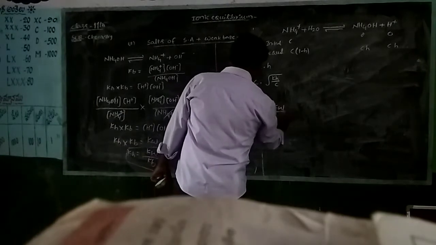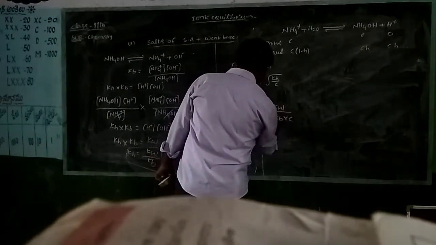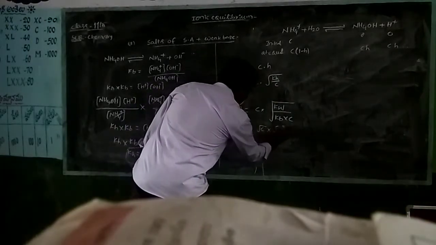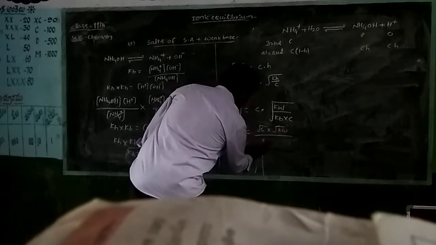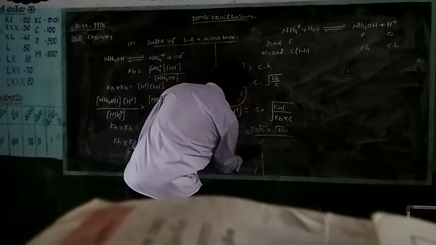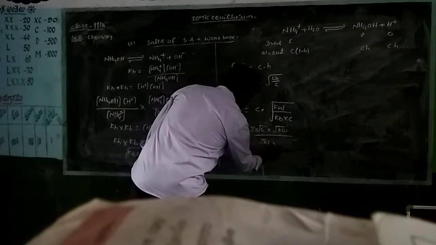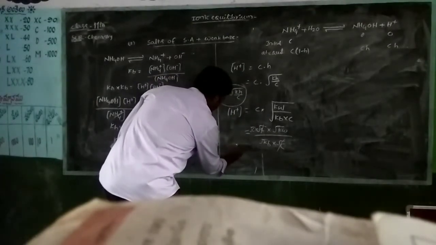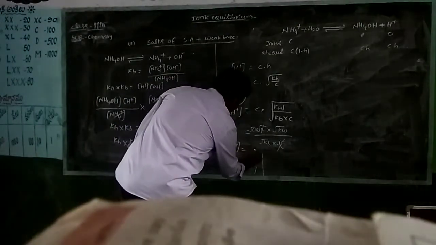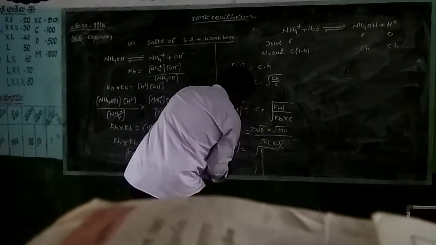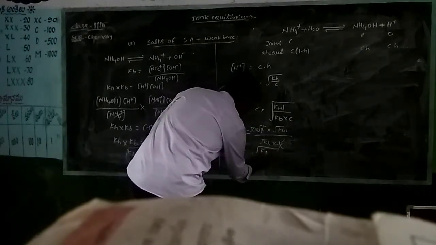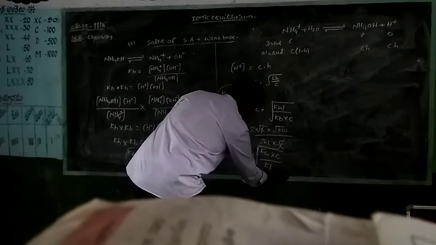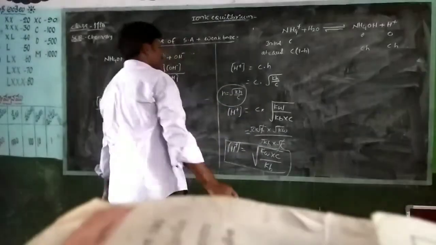Kw by Kb into C. Listen, C, you have to write it root C into root Kw by root C into root C by root Kb into root C. You have to write it root C gets cancelled. H plus concentration is equal to what you can write? Root Kw into C by Kb. Root Kw by C into Kb.